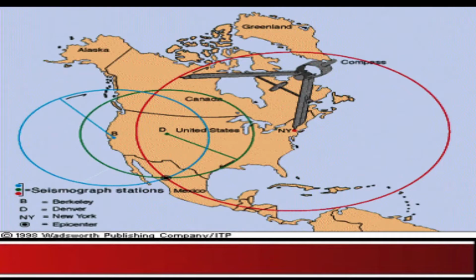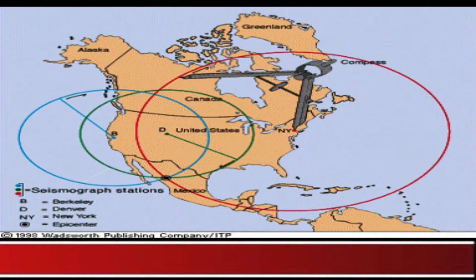The first thing that the seismologists must determine is the distance of the epicenter. So we have here 3 seismic stations, one from Berkeley, the other from Denver, and the other from New York. They have determined the distance of the epicenter using the P and S time delay and the travel time curve. Then the next thing that they need to determine is the direction of the epicenter.